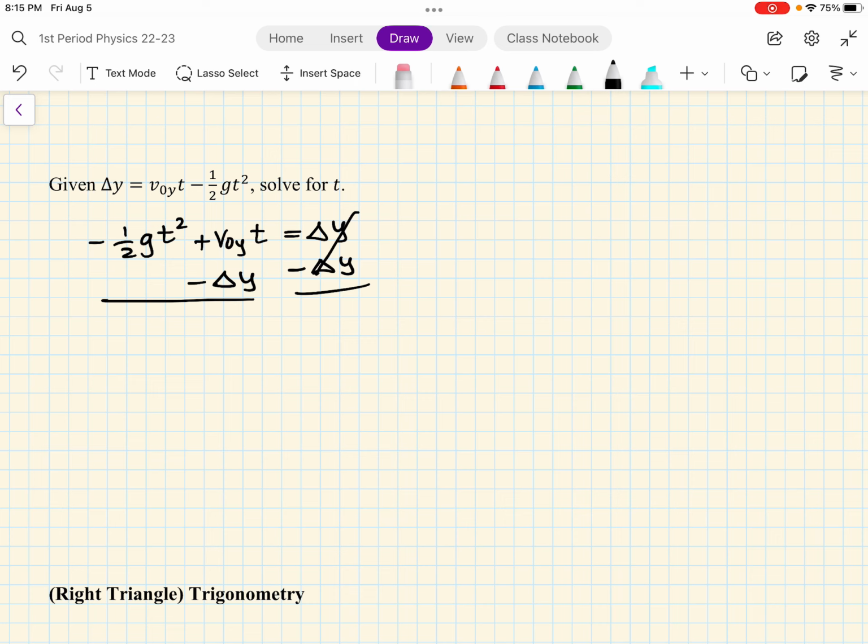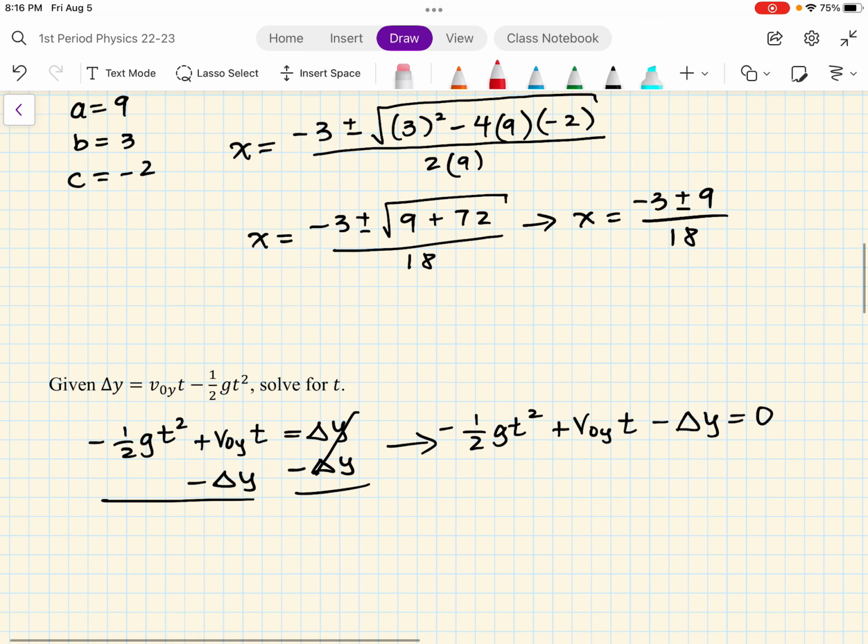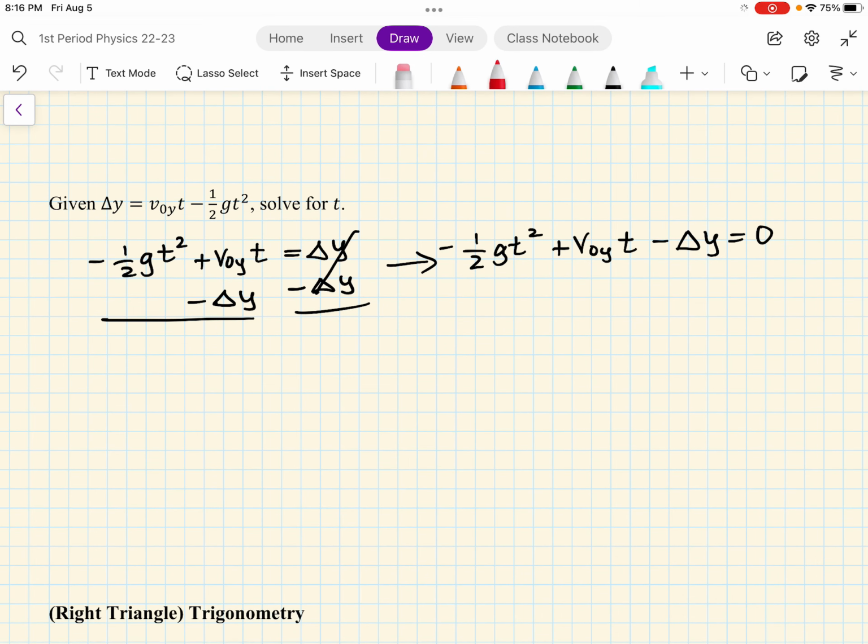this cancels. Again, I'm going to use this side. I have negative 1/2 gt squared plus v naught yt minus delta y is equal to 0. Now I know it does not look like this one over here, this quadratic equation, but bear with me, okay?